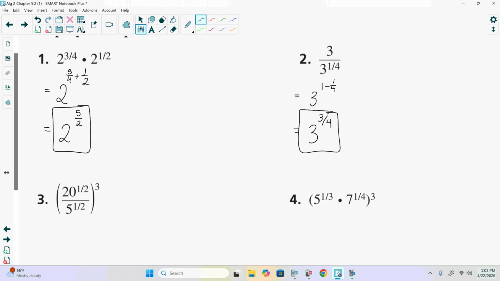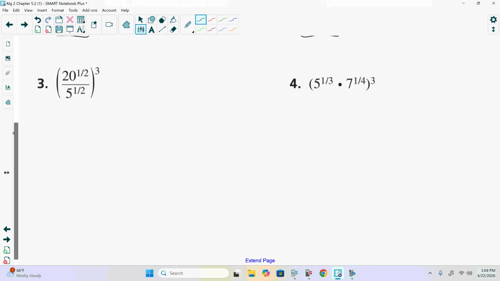When we divide like bases, we just subtract the exponents. If it's bigger on top, it stays on top. If it's bigger on bottom, it stays on bottom. That still holds true, but sometimes with fractional exponents instead of integers, it's a little bit nicer to actually write it out in proper form. Questions on 1 and 2 before we look at 3 and 4?